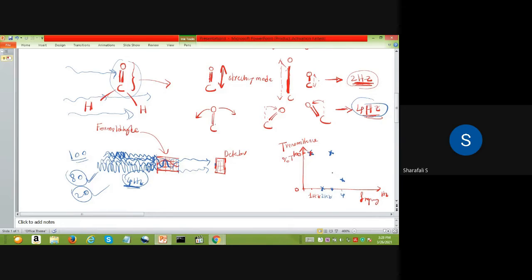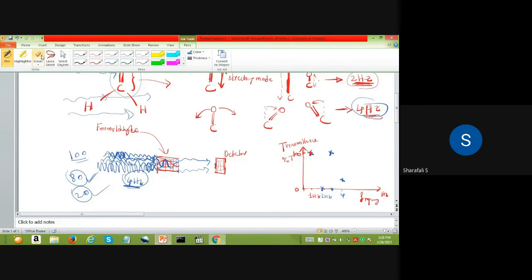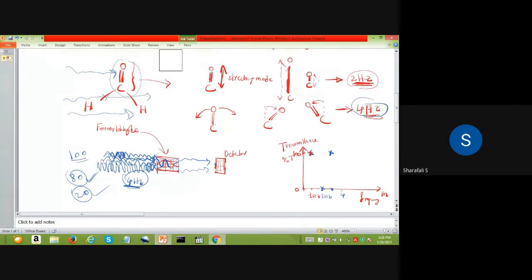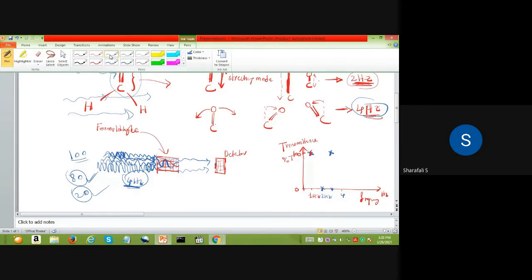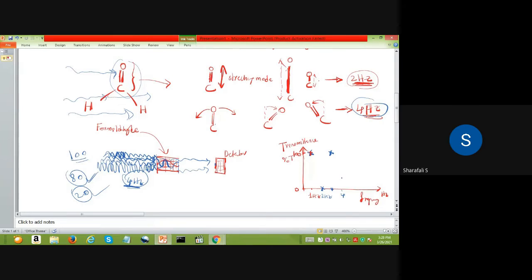So 80 are absorbed, so only 20 will be transmitted, right? So 20% will be transmitted.